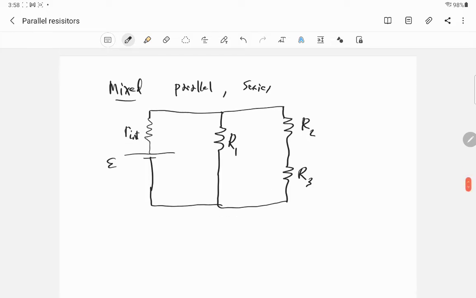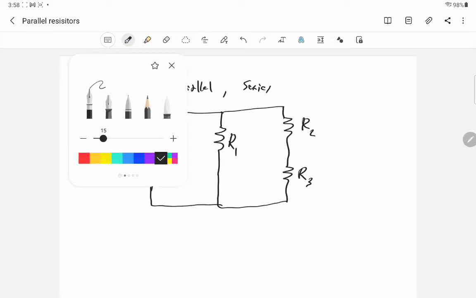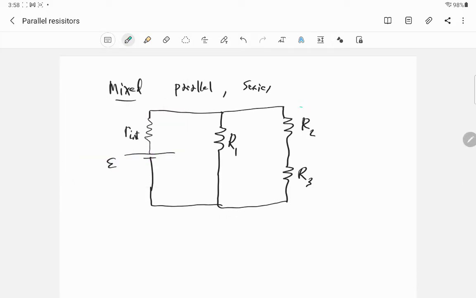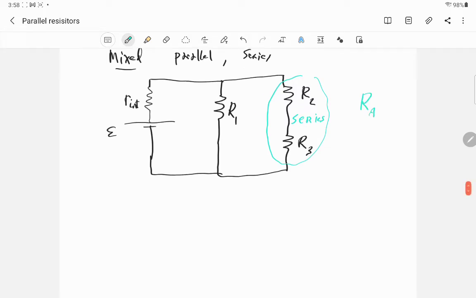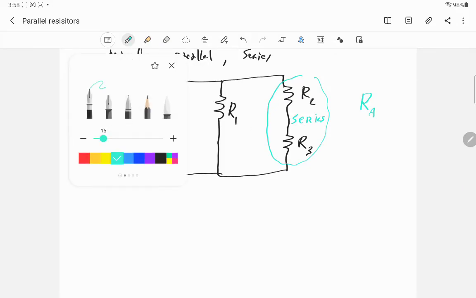So if you look at this, what I would do is first realize that these are in series. And so I'll figure out an equivalent resistance for that series problem. And what this morphs into then looks like the following.